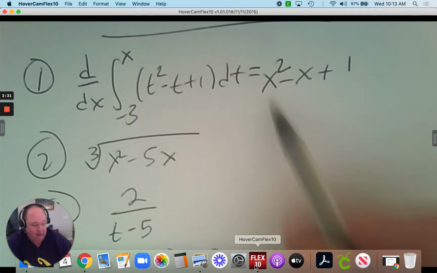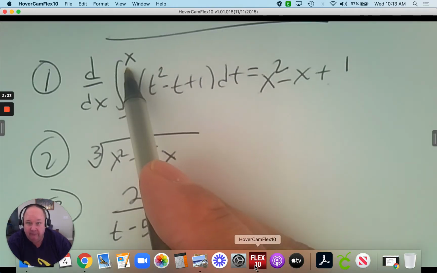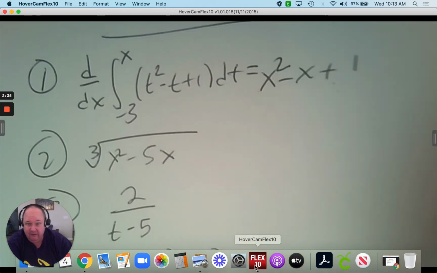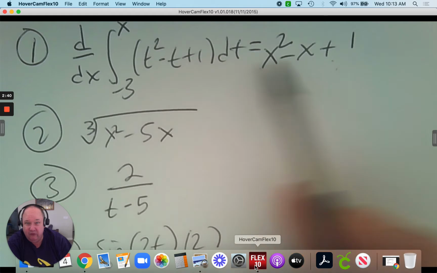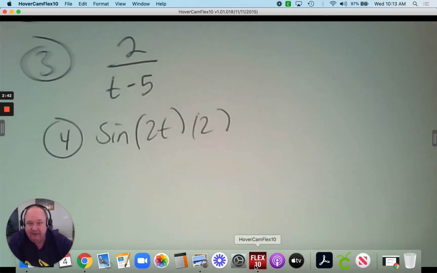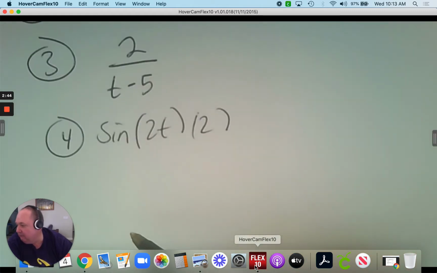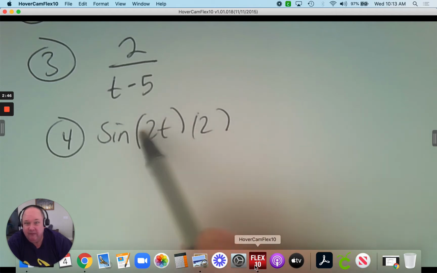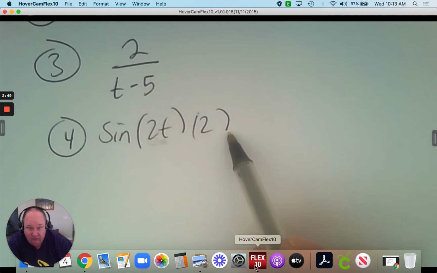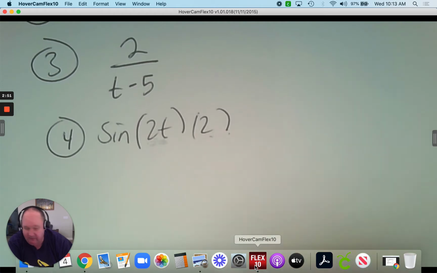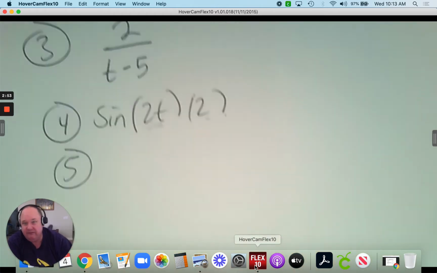So number 1, the derivative of x has no hook, has no hook, has no hook. So the first 3 questions you just plug in. But for number 4, when you plug in 2t, the derivative of 2t is 2, so it creates that extra hook. That's it. Number 5.